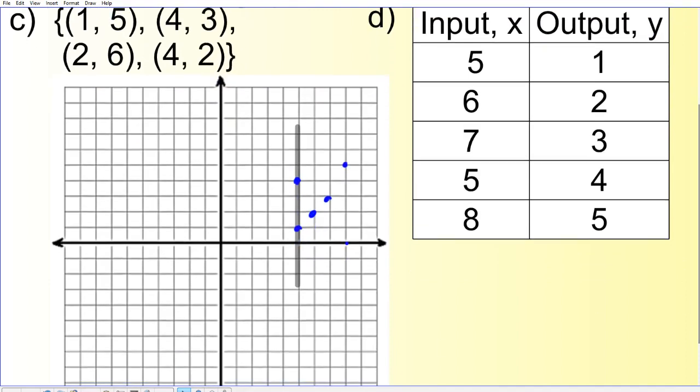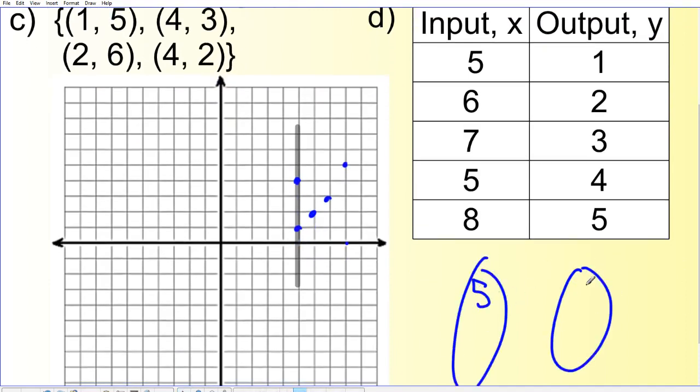When I had my mapping diagram, not too terribly long ago, I had 5 going to 1 and also a 4. That is this. This one input had two different outputs. We said it was not a function here.